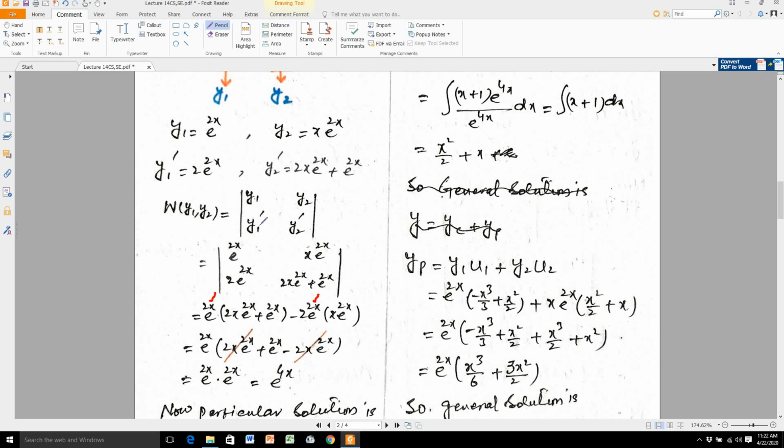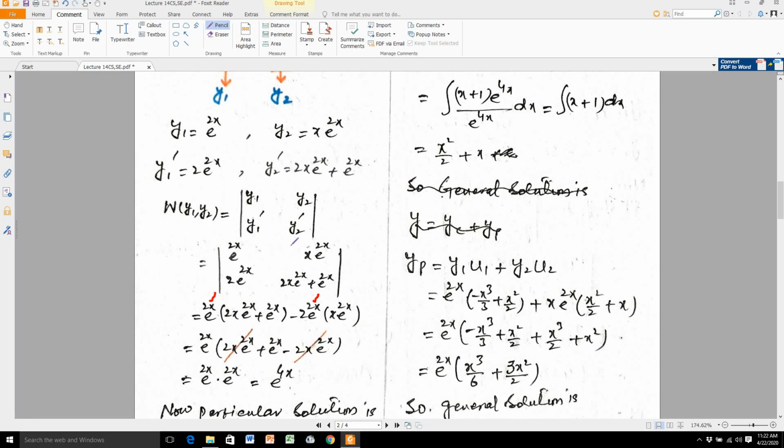How can you do this? I am repeating again. First you find the values of y1 and y2 from the characteristic solution. Then you differentiate both of them with respect to x. Then you find the Wronskian, that is the determinant of y1 and y2 and their primes.